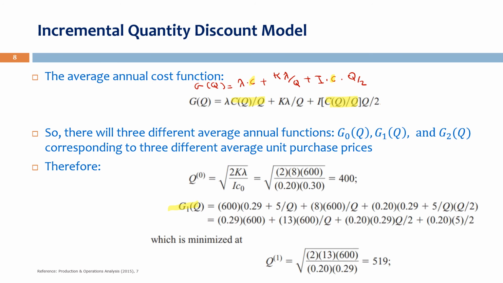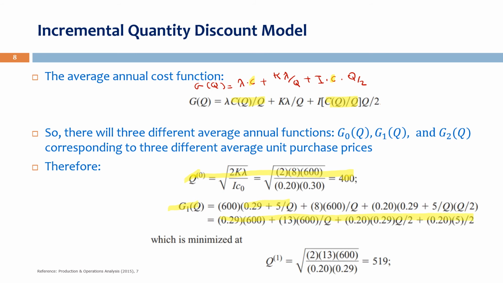So for the first interval, since we have just one price, C0, the EOQ becomes 400. But for the second interval, we have a term for the average unit purchase price, which is 0.29 plus 5 over Q. So if we replace C(Q) over Q by this, with the other parameters, we have this function.